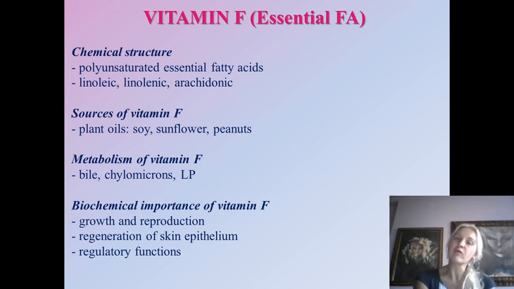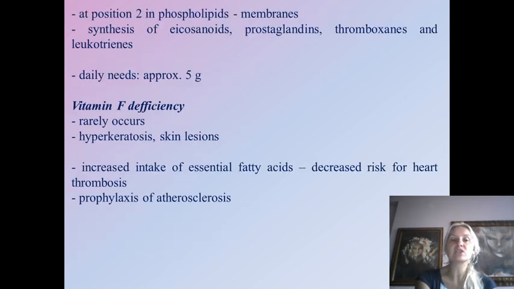Let me just remind you that in our membrane phospholipids, at position number 2, we have arachidonic acid predominantly found, and arachidonic acid is the major precursor for the biosynthesis of eicosanoids, prostaglandins, thromboxanes, and leukotrienes, which is going to be our separate topic in a while.